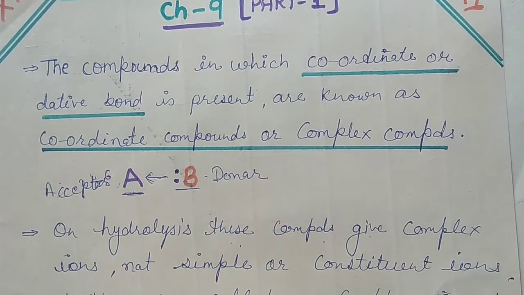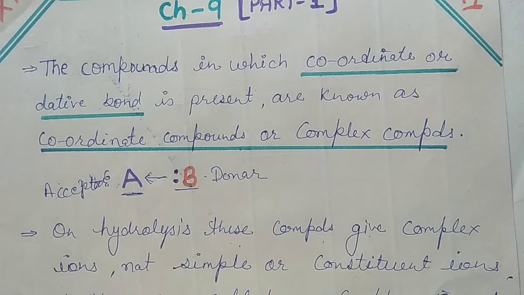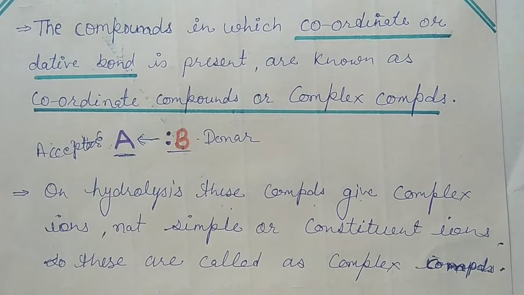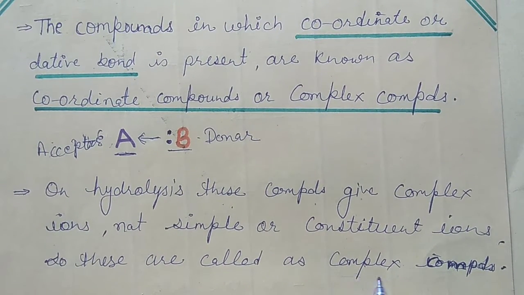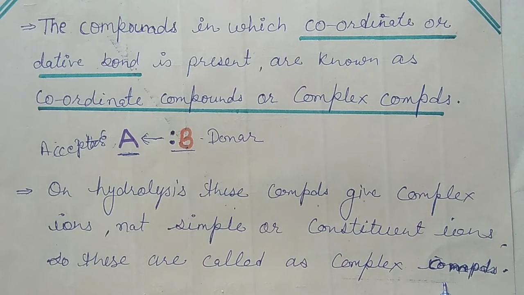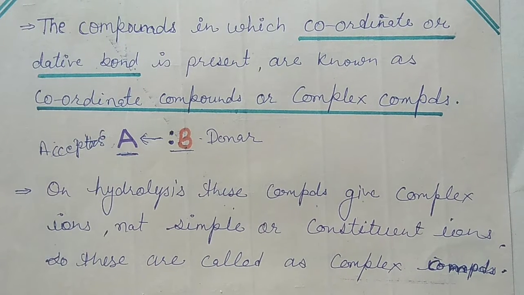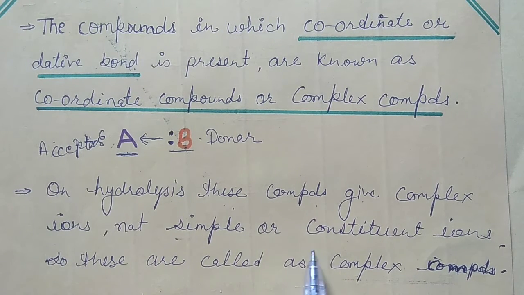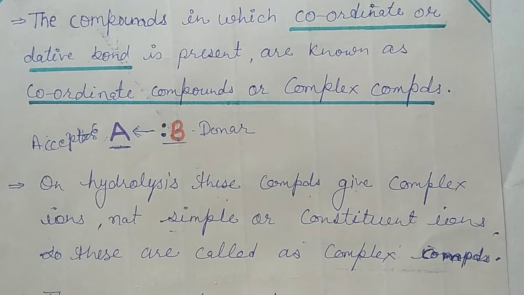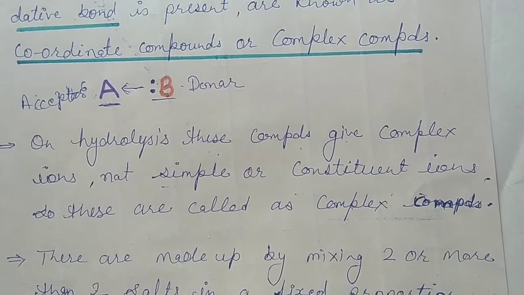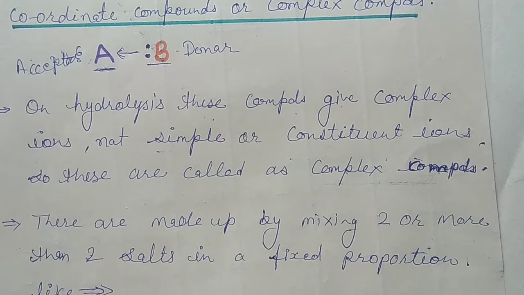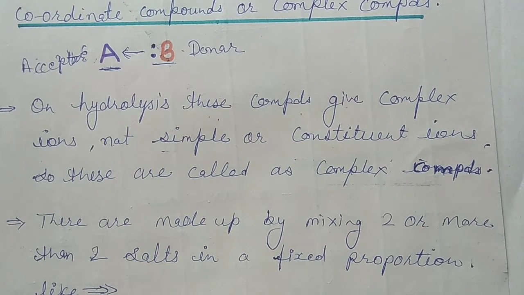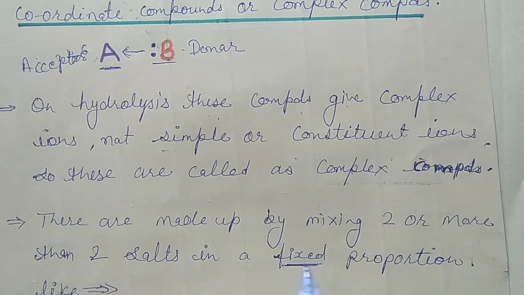When these compounds are diluted or dissolved in water, they can't ionize into all their constituent or simple ions. So these are called complex compounds. Some complex ions are obtained, not the simpler or constituent ions. These are made by mixing two or more salts in a fixed proportion, not in any proportion.